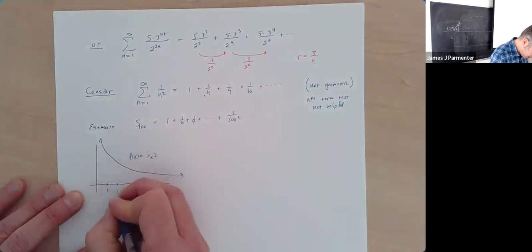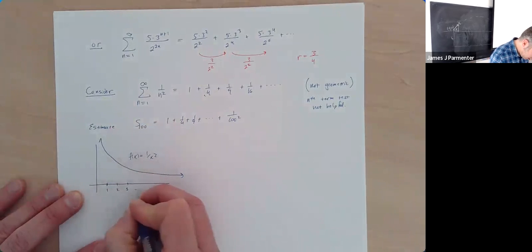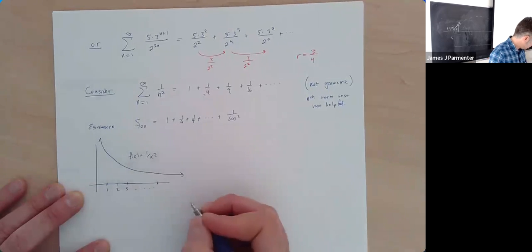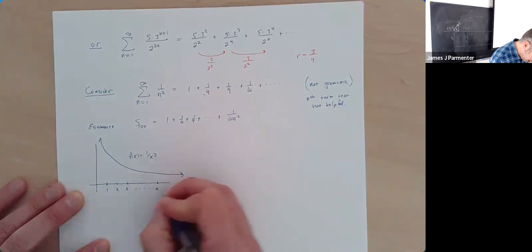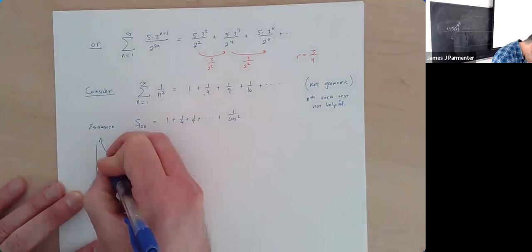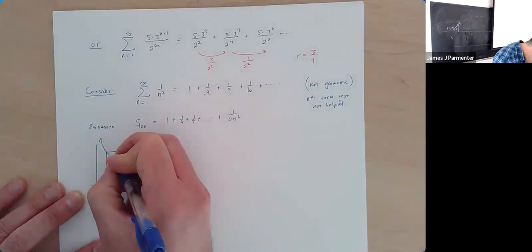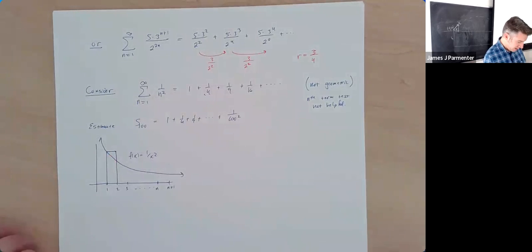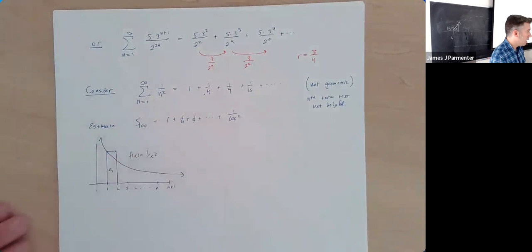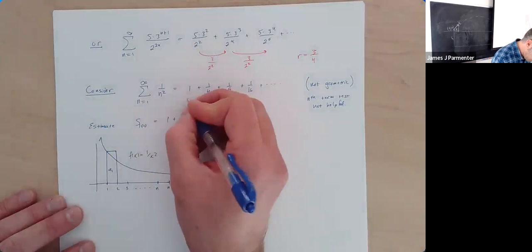So there's 1, 2, 3, all the way out to, say, n plus 1. So my rectangles, this first rectangle, I know my function doesn't look perfect. But the idea here is that this first rectangle has a height of 1 over 1 squared. So the area here is just the first term of my sequence that I'm adding up to get my series, right? There's my a1.